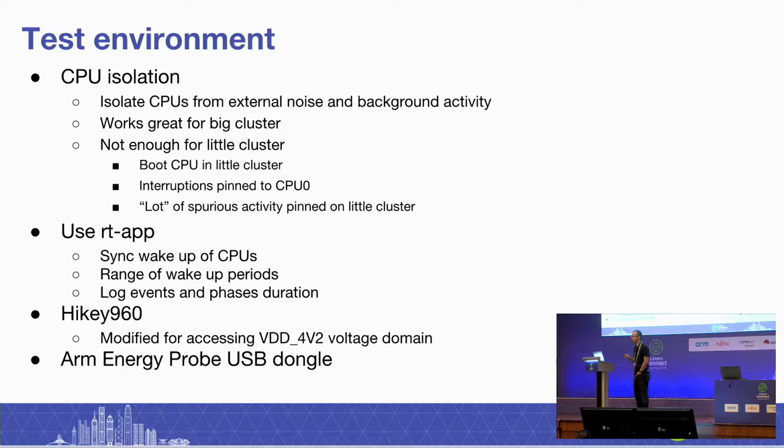So a lot of things are pinned to this CPU when we are booting, even before the isolation starts to work correctly. And also, by default, all the interrupts are pinned to CPU 0, which means that some tasks, some timer activity will also be pinned to this CPU. So that will generate some activity that we can't easily remove.